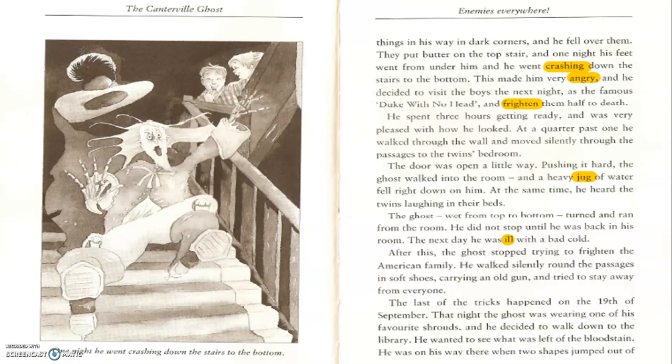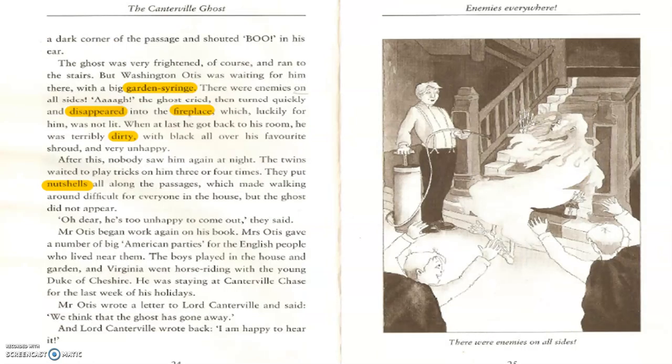He wanted to see what was left of the blood stain. He was on his way there when two shapes jumped out of a dark corner of the passage and shouted "Boo!" in his ear.